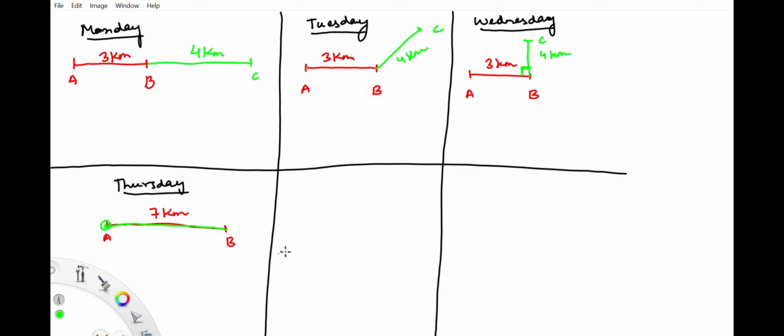Basically this person learned how to reverse the car. Then on Friday this person did something different from Thursday. What he did was he started off from point A to point B, and the path length between these points is again 7 kilometers, and from point B this person went back by 3 kilometers to a point C.